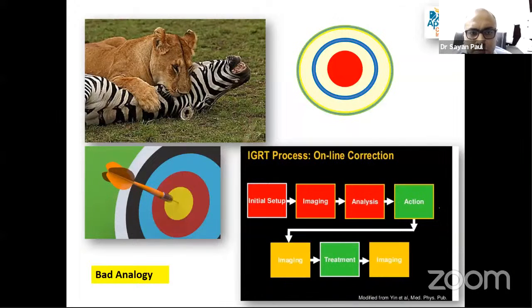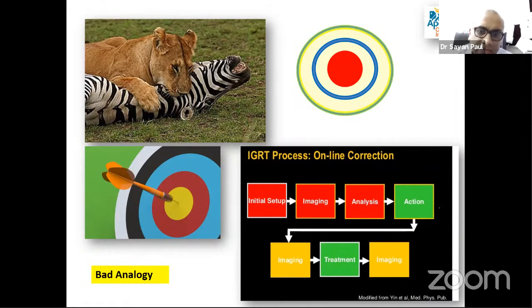What I was trying to tell is you have to be very, very precise and accurate while delivering your radiation and while firing your beams. But it's a bad analogy. Why? Because radiation delivery is not like hunting.